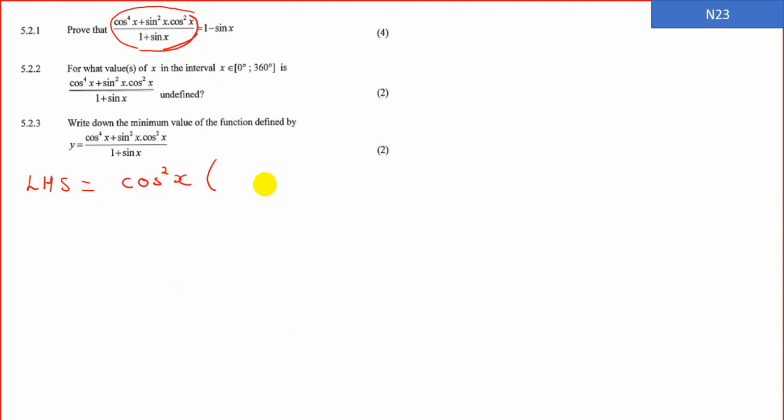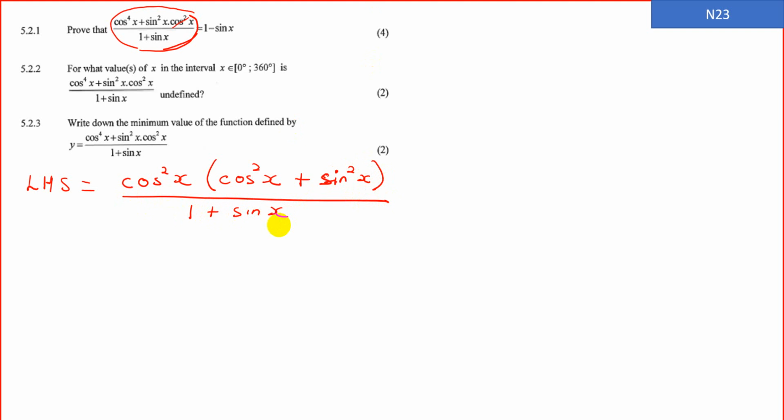If we take out cos squared x, then cos to the power 4x divided by cos squared x is cos squared x. And sine squared x times cos squared x over cos squared x will cancel, and we would get sine squared x. And your denominator will stay as it is, which is 1 plus sine x.